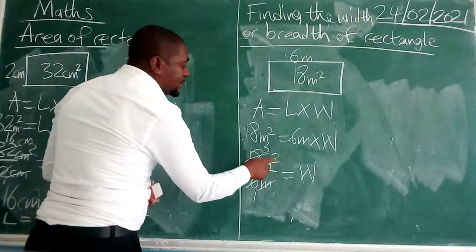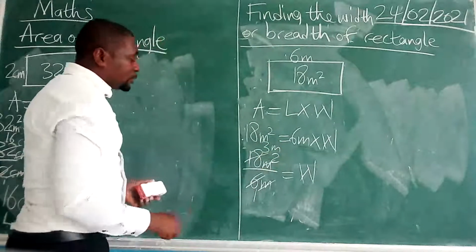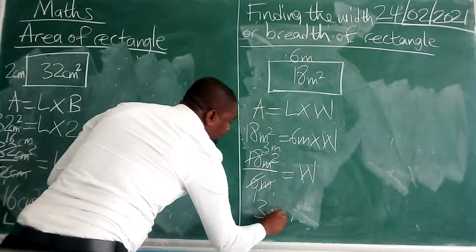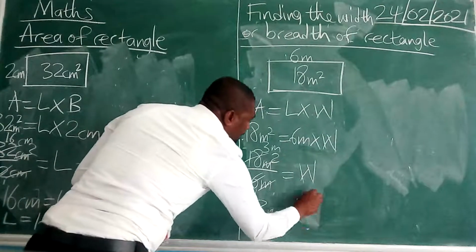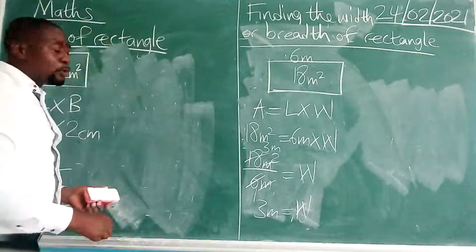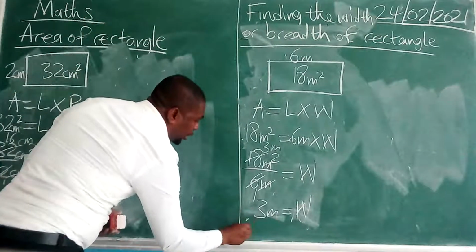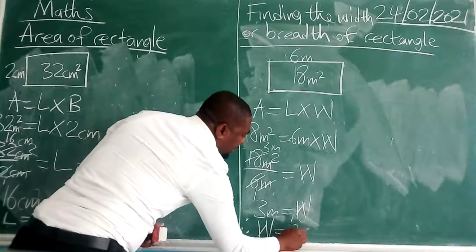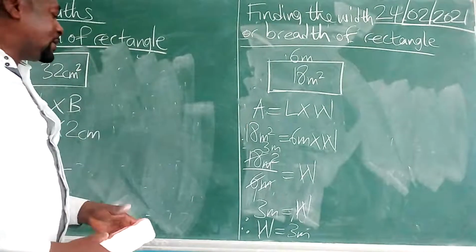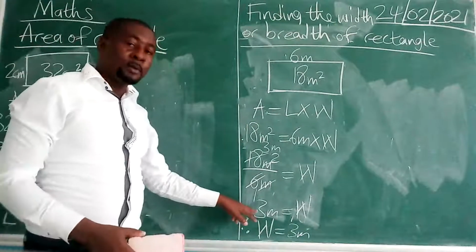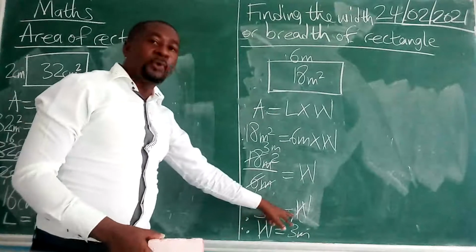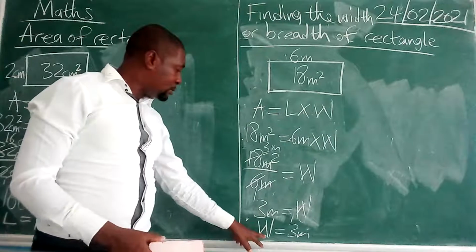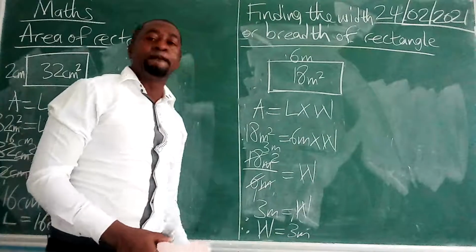There are 2 m's, so we will get 1. So the answer will be 3 m equals W. So therefore, W is equal to 3 m. That means width or breadth is equal to 3 meters.